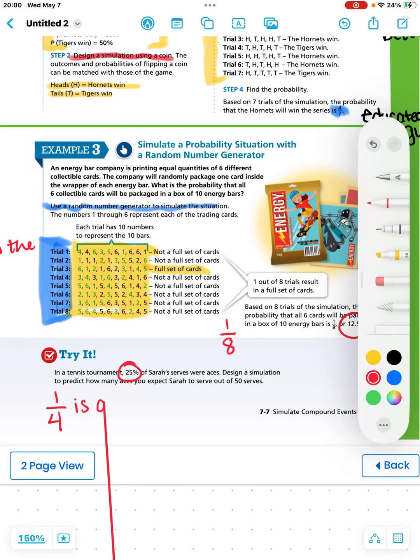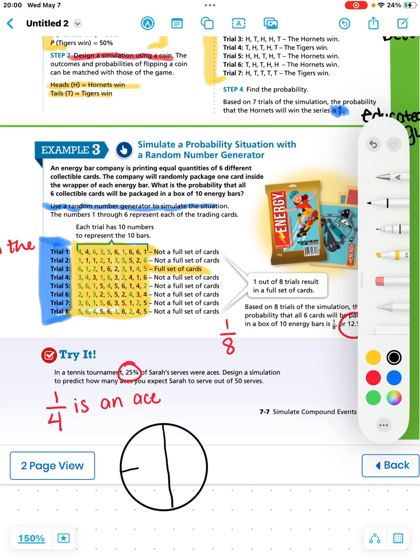This means 1 out of every 4 serves is an ace. So, I mean, we can set up a spinner, to be completely honest. We can have one spinner, and then it can be separated into 4 sections.